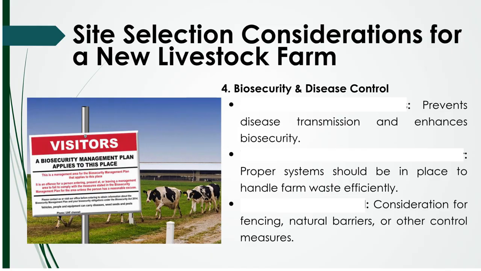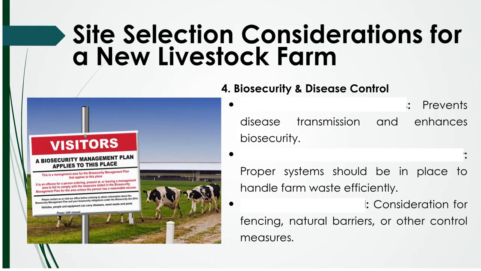And finally, predators and pest control. You have to consider that in certain farms we need a fence, right? Otherwise we have natural barriers. We are so lucky if we have natural barriers, because we don't need to spend on fencing, or other control measures.